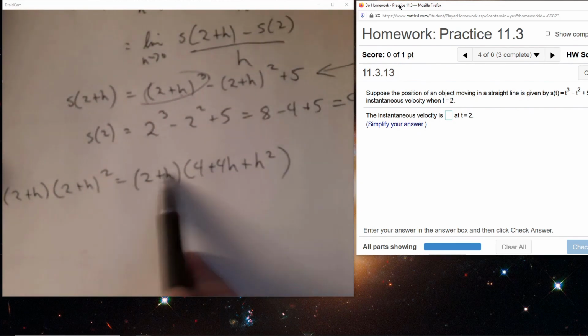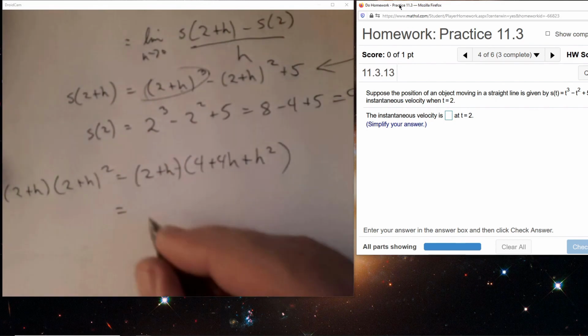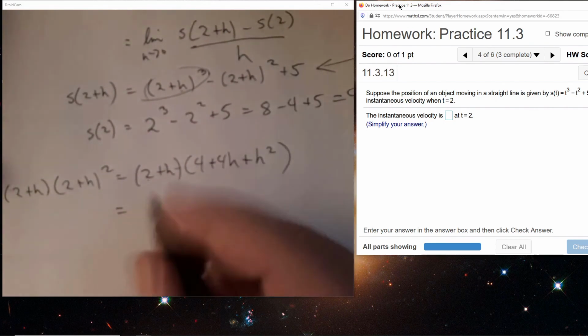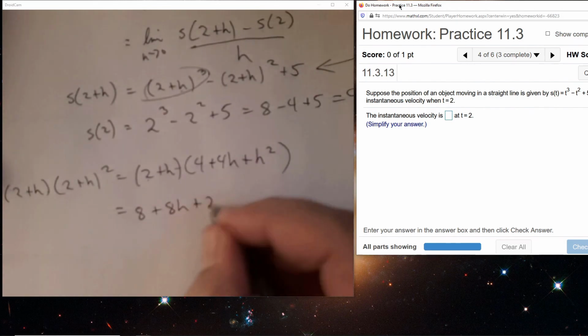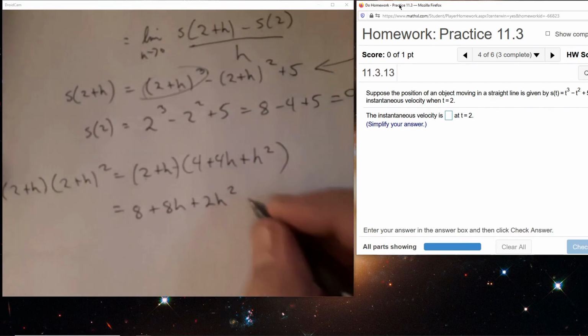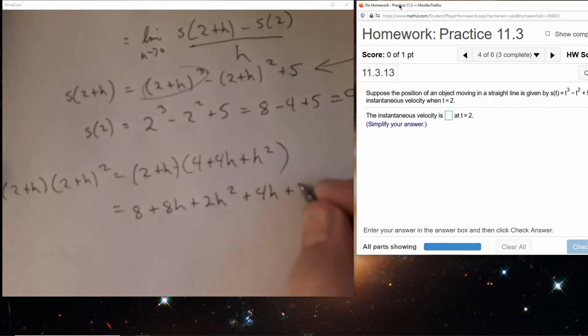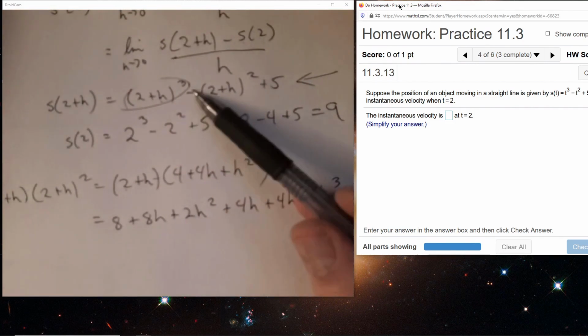And now I can do the distribution of all this to get the cubed answer. So 2 times everything in there, and then h times everything in there. And that gets us our cubed result.